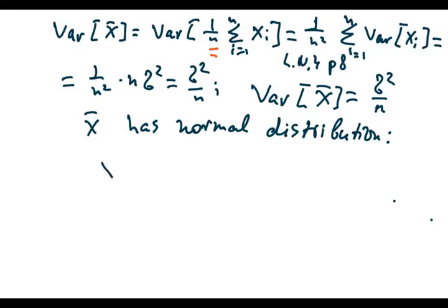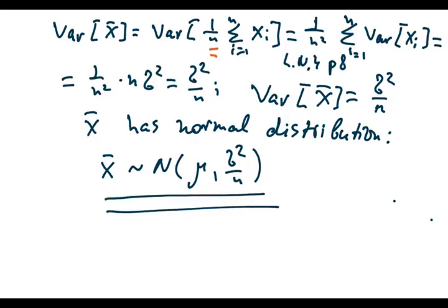And since we found already expected value for x bar and its variance, we can put it like this: mu, sigma squared over n. So this is the distribution of sample mean, this formula for distribution of sample mean.